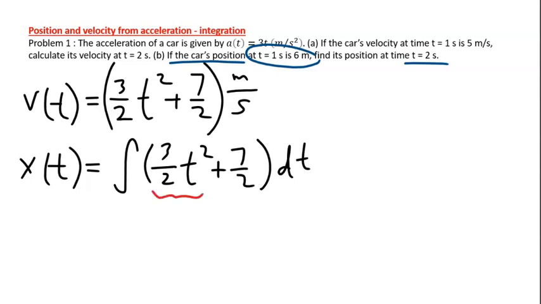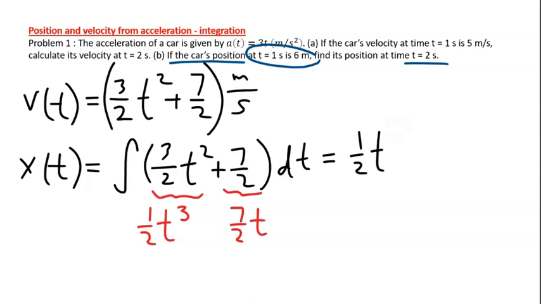The integration of 3 over 2 t squared gives 1 over 2 t cubed, and the integration of 7 over 2 is simply 7 over 2 t. So together, the answer is half t cubed plus 7 over 2 t plus an integration constant.